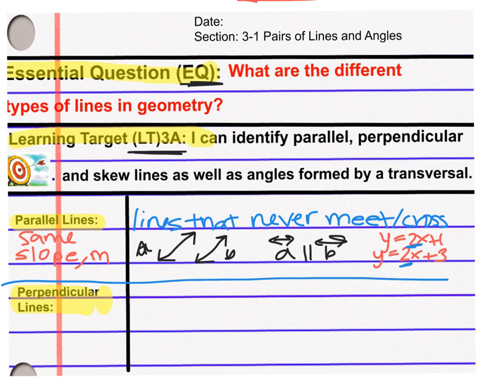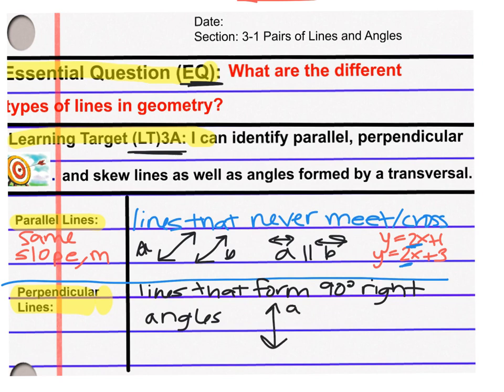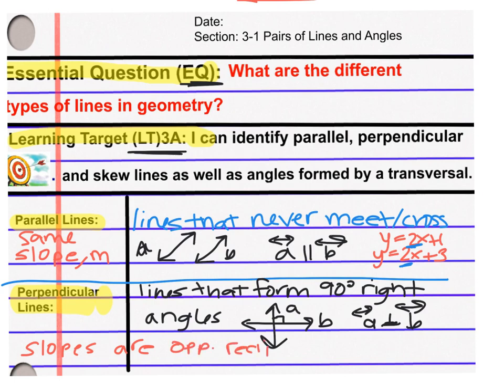Okay, perpendicular lines are lines that form 90-degree right angles. I'll draw a picture of this as well. So this will be line A, line B, and they form right angles. The symbol for this, an upside down T, says line A is perpendicular to line B. And their slopes are negative or opposite reciprocals.